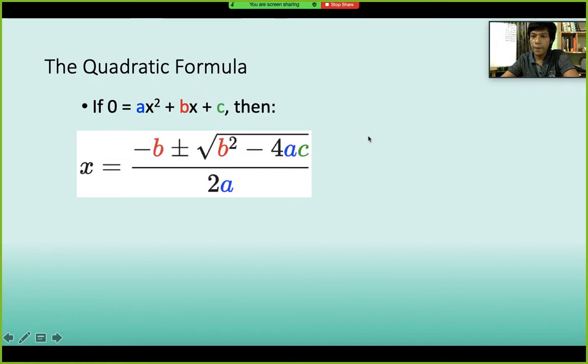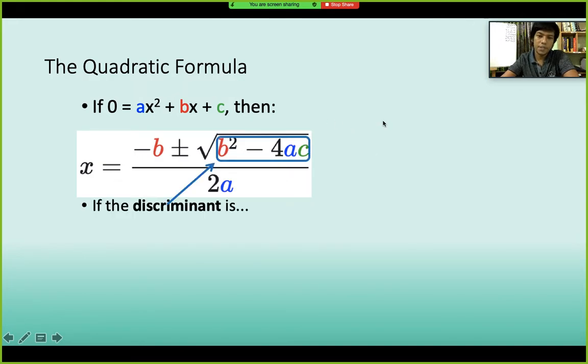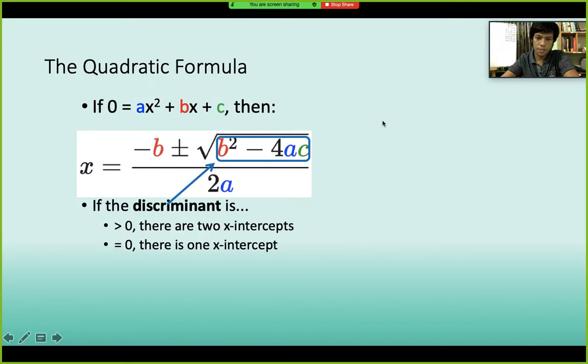Now we have one important thing to discuss here at this point, and that is the quadratic formula. Why do we need to discuss it? The reason is this.